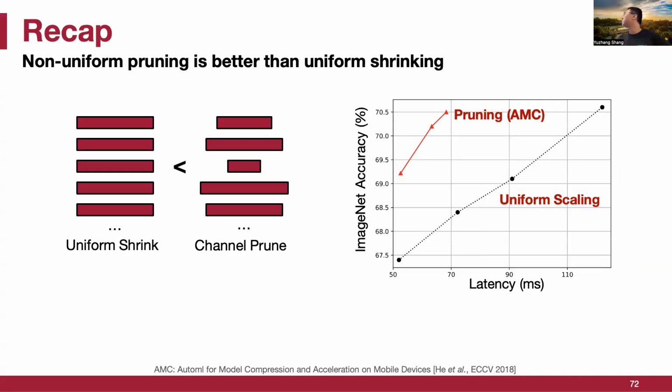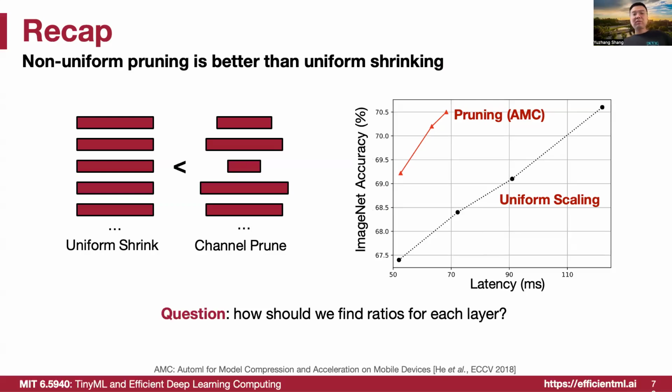In the first lecture we discussed how to choose the pruning patterns, and mentioned that we can use adaptive layer-wise pruning ratios, but let's get into some details. The specific question is how should we find the ratio for each layer?